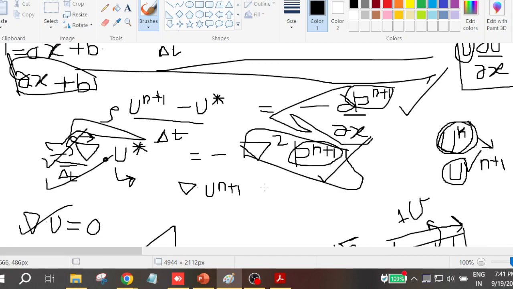Just one thing, sir: instead of using a mouse, if you can use a digital pad, it will be more clear. I will note that down.